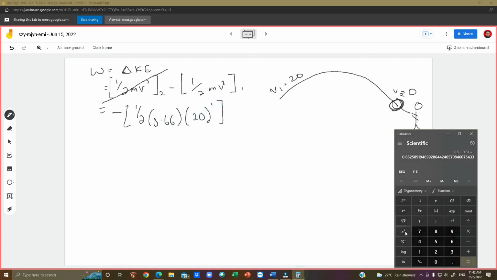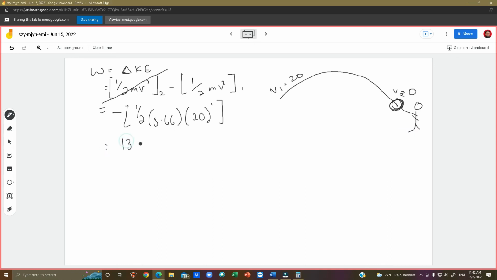Okay, apa kita dapat sini? 20 square times 0.66 times 0.5. 132 joules. Kalau ikutkan dia negatif lah dekat sini. But in terms of energy, there is no negative energy. So, it's just energy. 132 joules. This is the amount of work being done by the catcher.